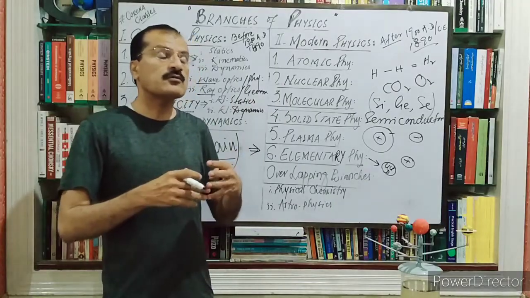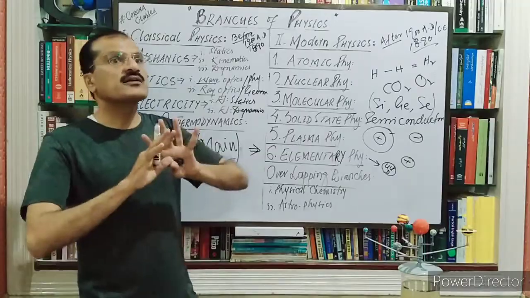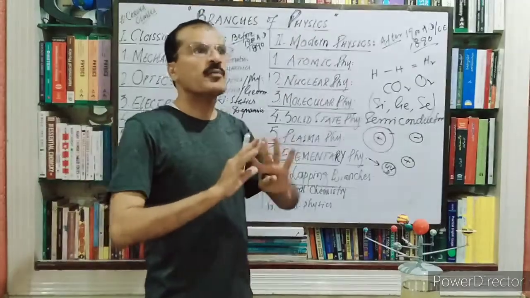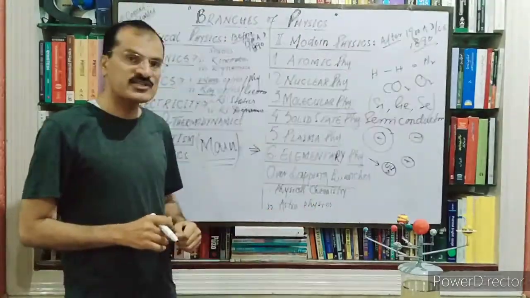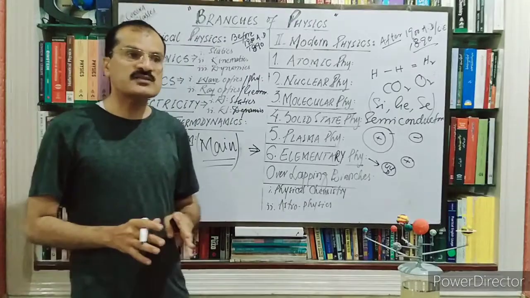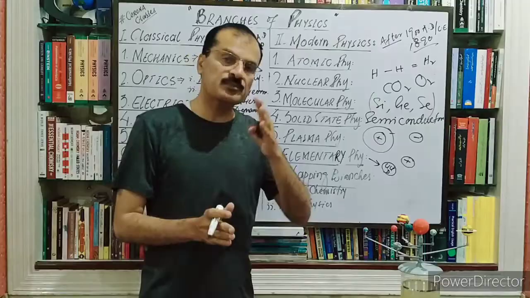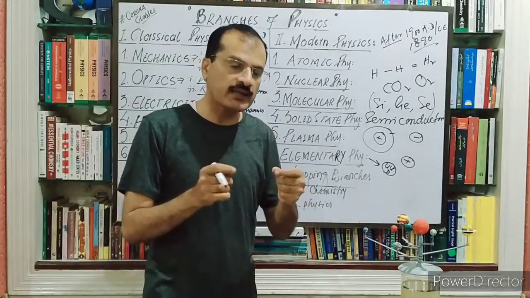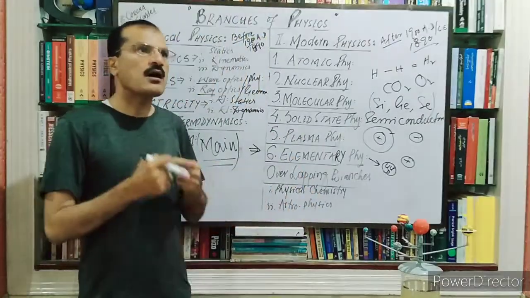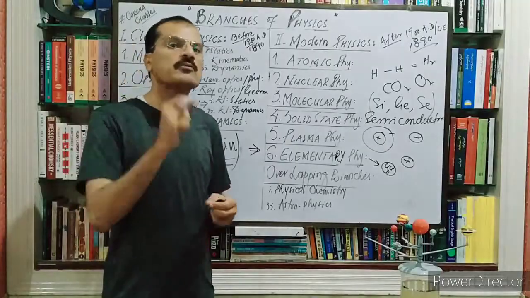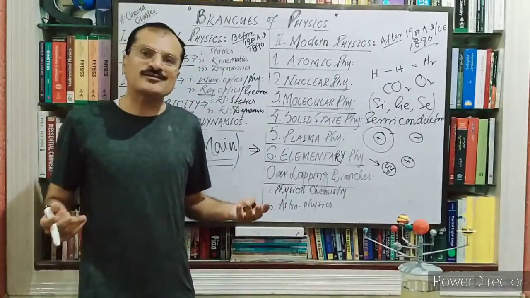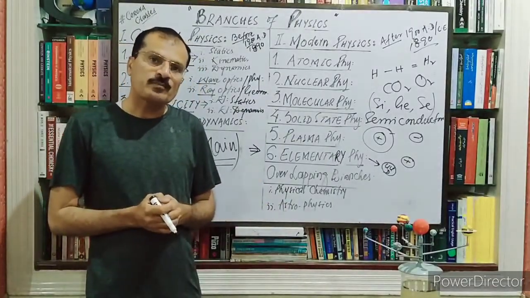We can say the study of particles in space. Study of particles in space is known as the astrophysics. But astrophysics is not only the physics, but it is the combination of physics plus astronomy. Simply we can say the laws of physics which are applicable in astronomy are known as astrophysics.